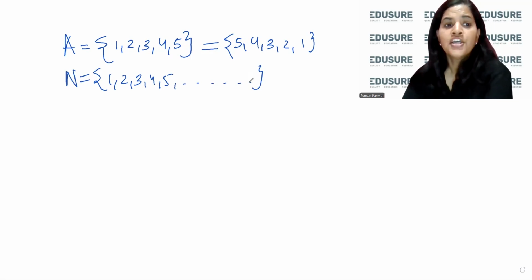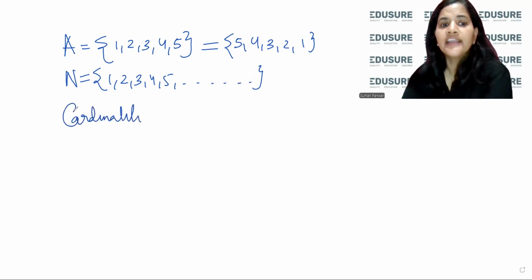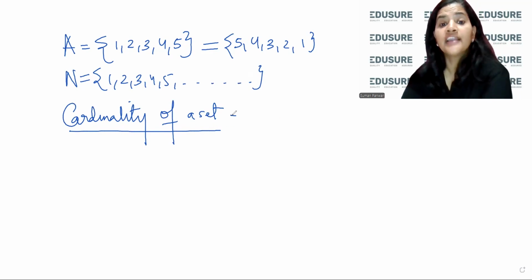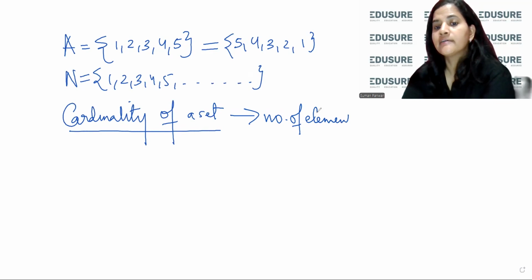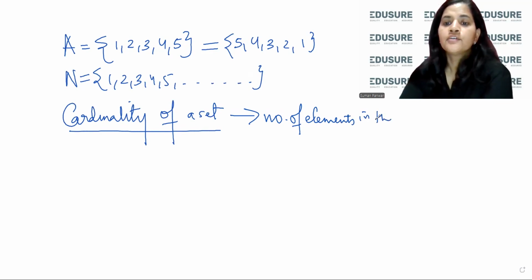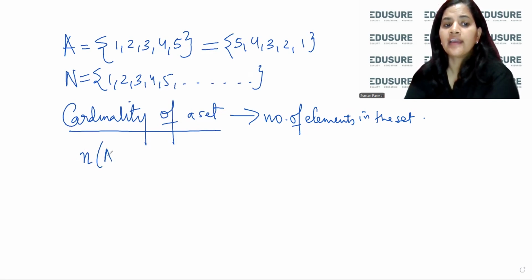Now, the first concept that comes to us is cardinality of a set. Okay, what is cardinality of a set? Cardinality of a set is the number of elements in the set. Okay. So cardinality of A is represented by n(A).